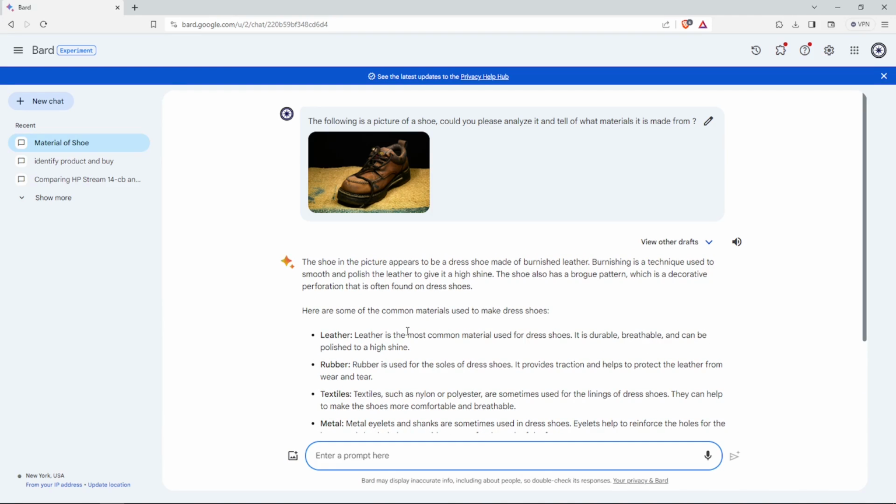As you can see, Bard generates a detailed list of the materials used to produce that shoe.